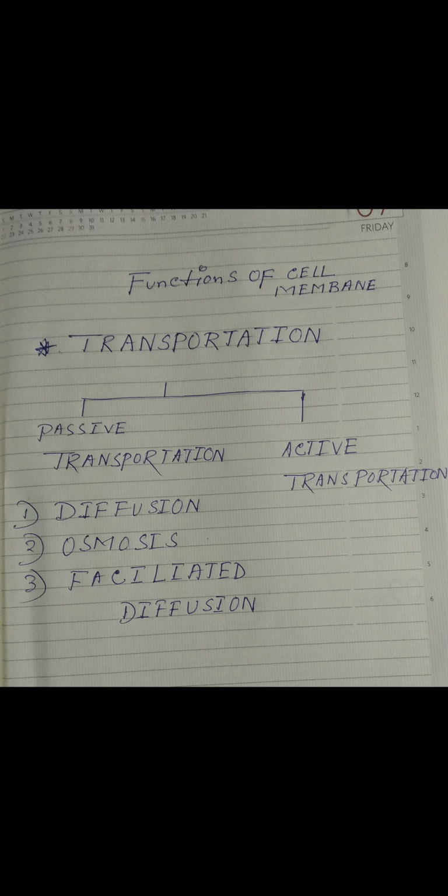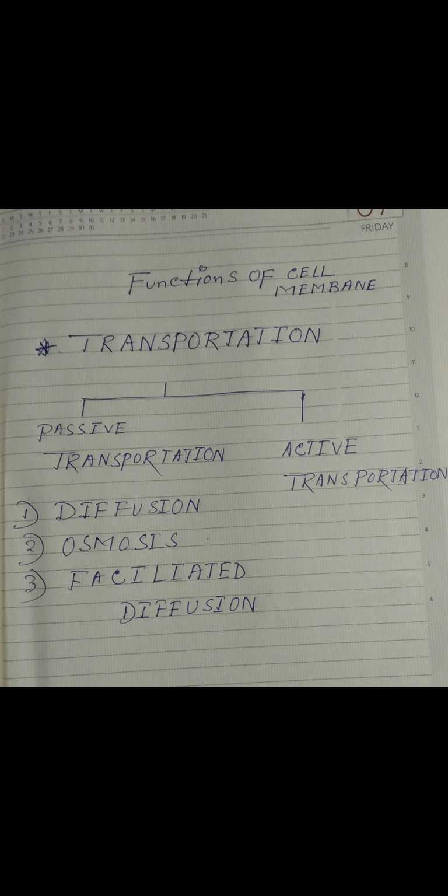So diffusion, osmosis, and facilitated diffusion, all the processes are included within passive transportation. That means for these transportation processes, energy is not required at all, or you can say ATP is not required at all.